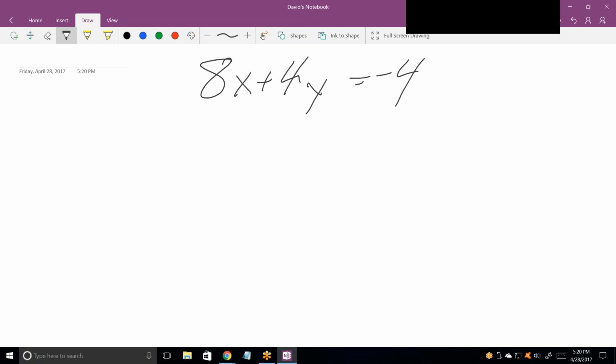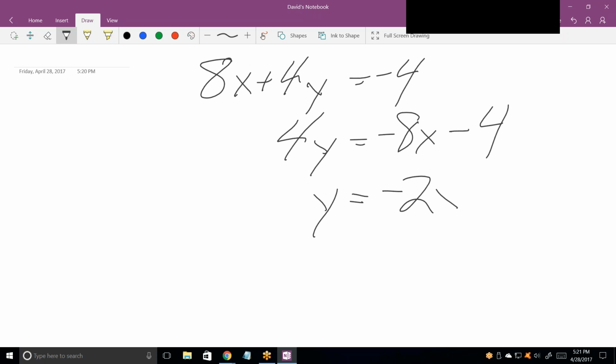So you got 4y equals negative 8x minus 4. Keep going. Divide by 4. y equals negative 2x minus 1. What they want to know is just the slope? What is the slope of a line perpendicular to this line?